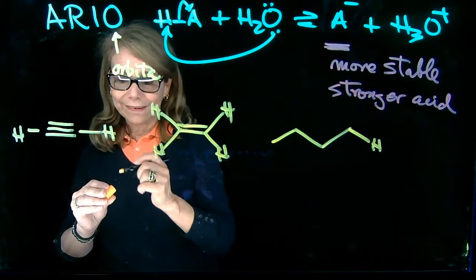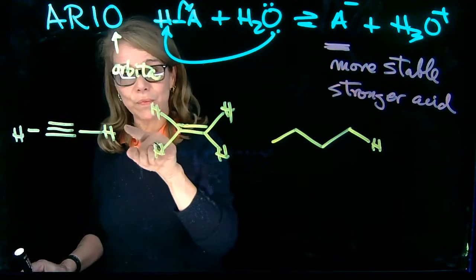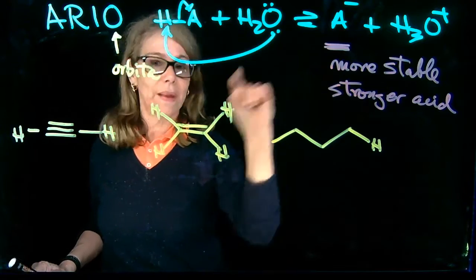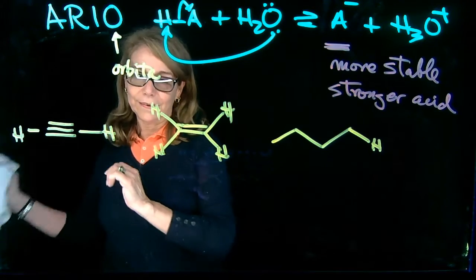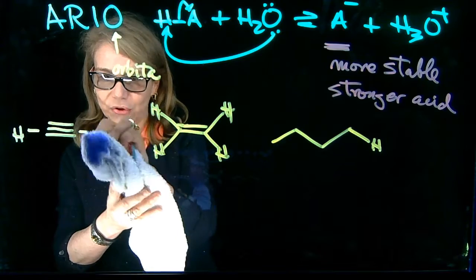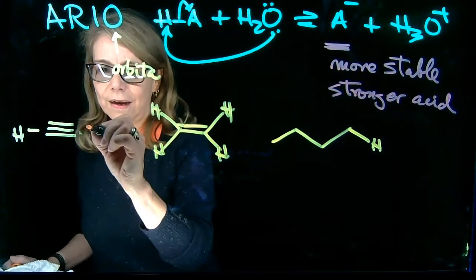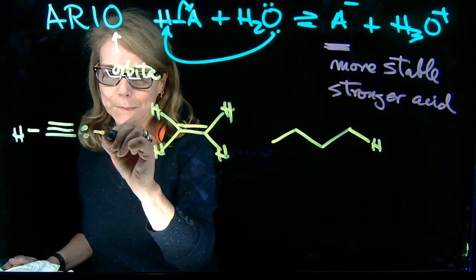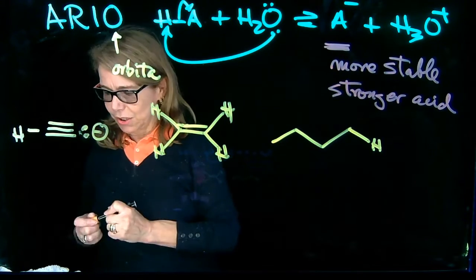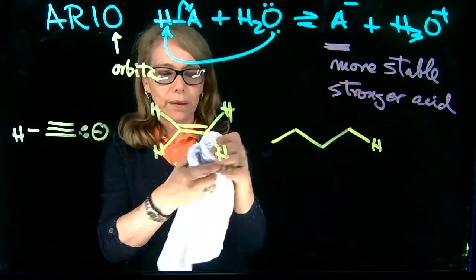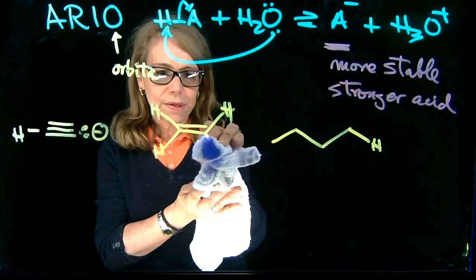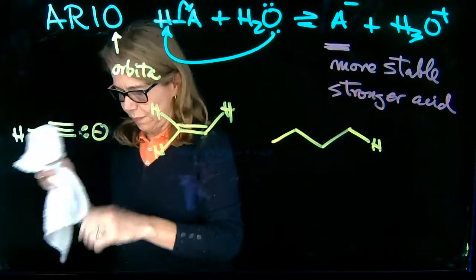So next step, what I'm going to do is remove one hydrogen and form a conjugate base. So this is what I'm doing, taking one hydrogen out. This is the conjugate base, negatively charged. Then I'm going to take one of these out. I'm going to remove that.